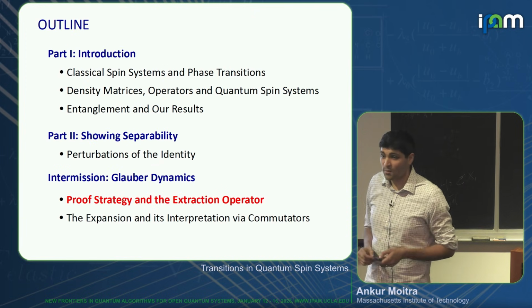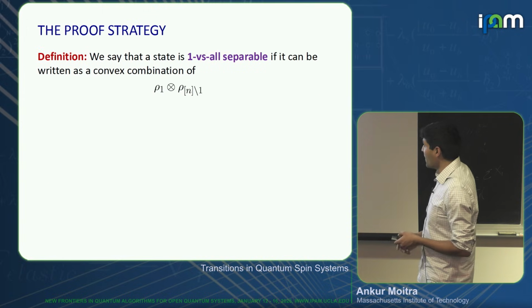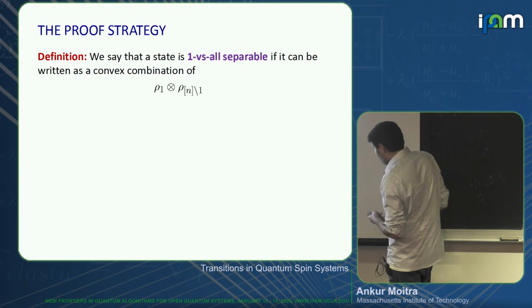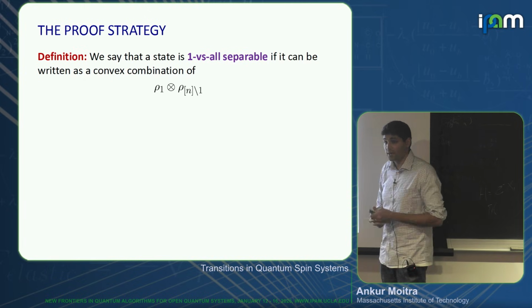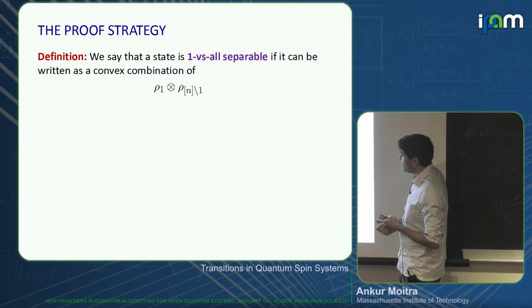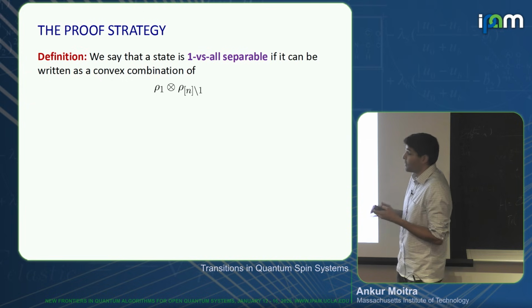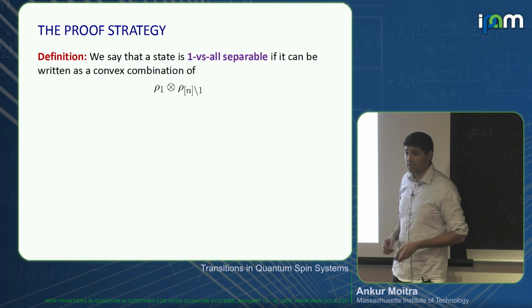So now let's roll up our sleeves for real, and let's do the quantum case. Inspired by this classical idea of disagreement percolation, here's the strategy. I don't want to prove separability in one shot, but I'm going to prove it one piece at a time.